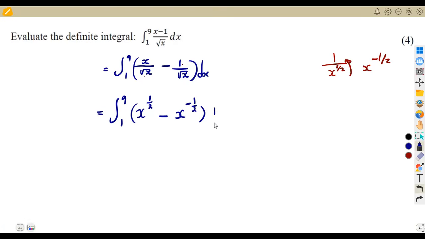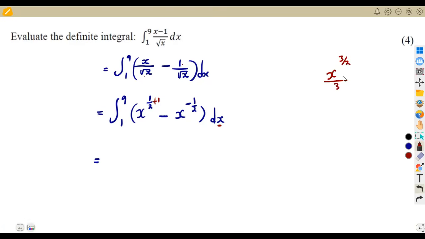So this is the only part that we are having integrated with respect to x. So we are supposed to integrate, then after that, we substitute our limits. Remembering that if you integrate, we are simply adding 1 to our exponent. If we add 1, this is going to give us x to the exponent of 3 over 2.